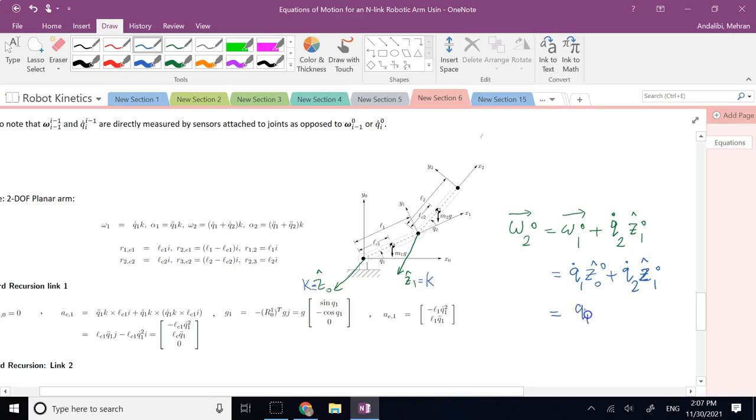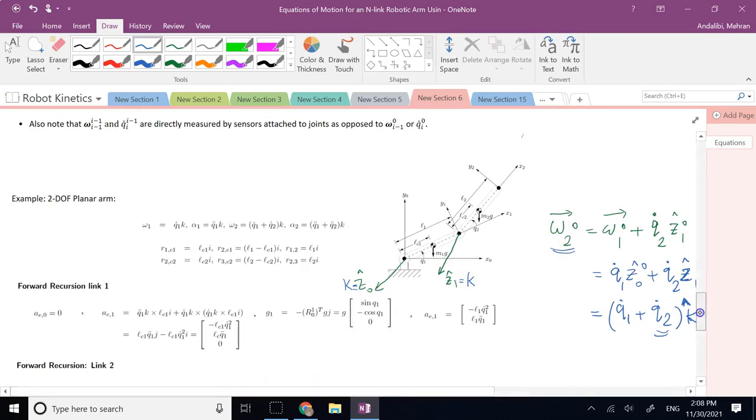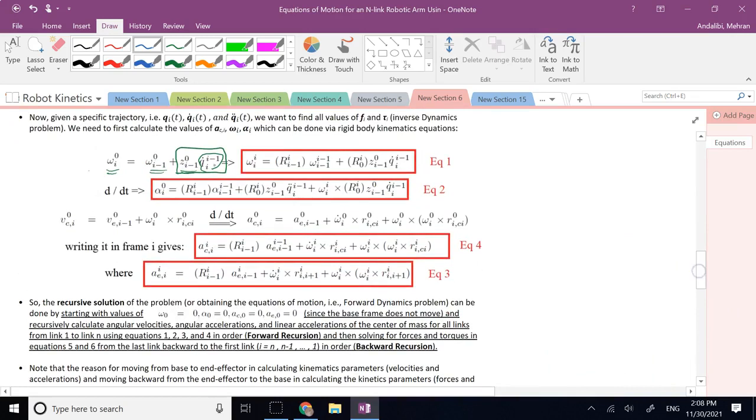So it is going to be q1 dot plus q2 dot, both times k. And that's what we also know from our previous videos. Because q2 dot is measured with respect to link 1, I have to add both of them together. Note that this q2 dot is not measured from the base. This is measured from frame 1. So I have to add it to the RPM of frame 1 to get the absolute RPM of link 2 with respect to the base. And that's exactly what you saw up here.